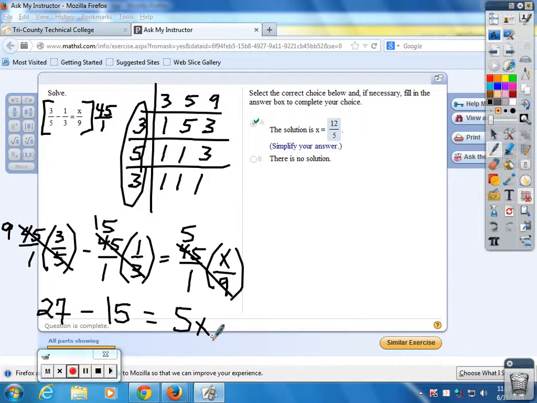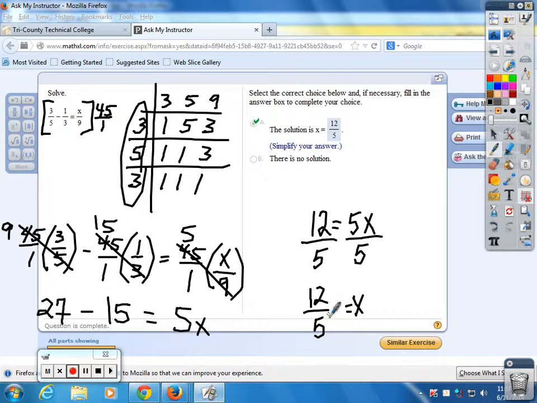And what's 27 minus 15? That should be your answer.